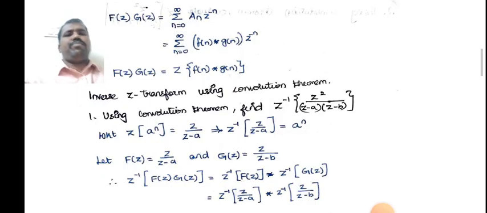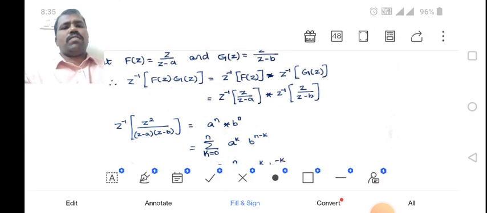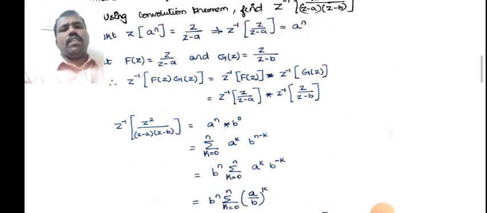Therefore, Z inverse of z square by z minus a into z minus b equals a power n convolved with b power n, which is summation k equal to 0 to n a power k into b power n minus k.